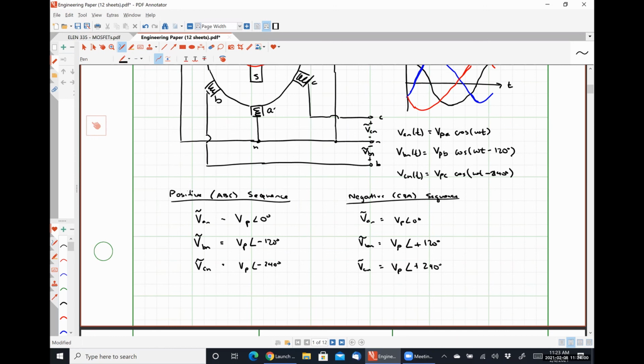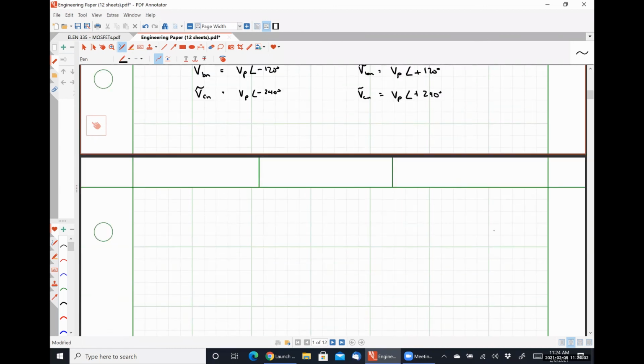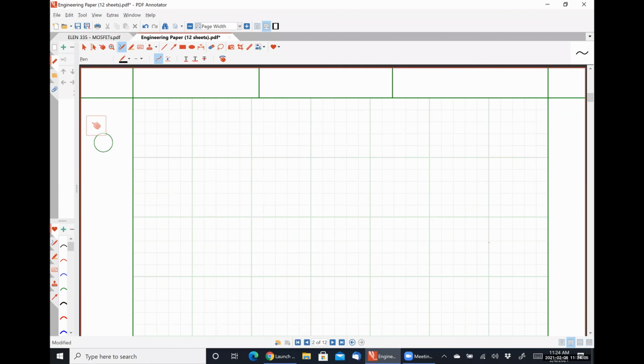All right, so now we're going to get into a heavy terminology section. This is where things typically start to get confusing for some folks, all right? So the first thing that we are going to look at is what is called a Y connected source.